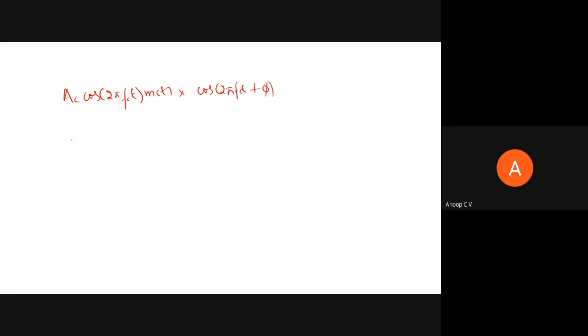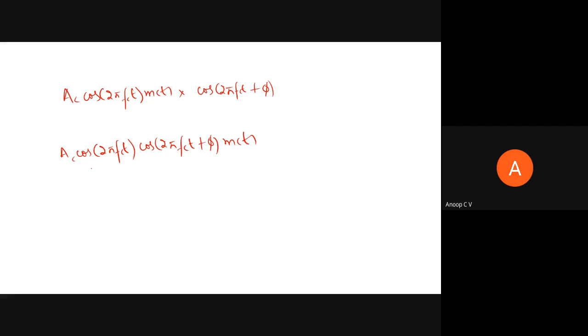So what we get is Ac cos 2 pi fct into cos 2 pi fct plus phi times m of t.